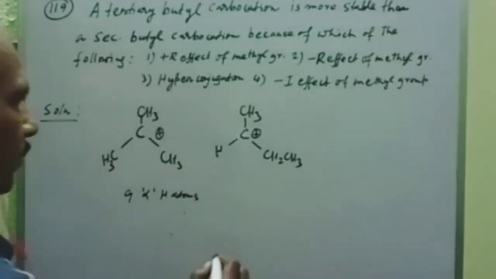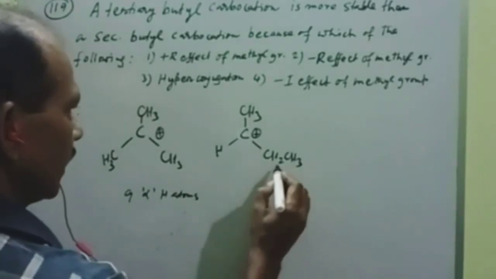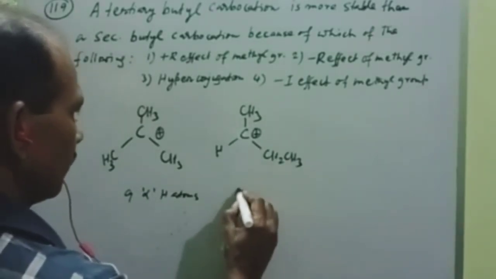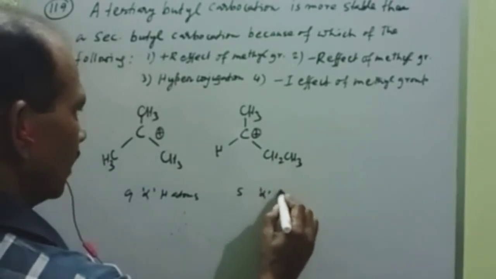But in secondary butyl carbocation, there are 5 alpha hydrogen atoms.